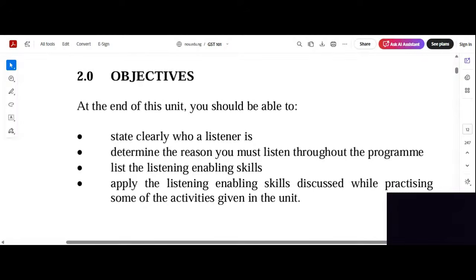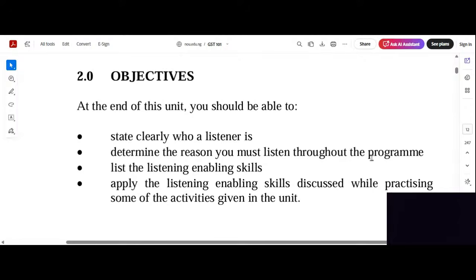So, the purpose of going through this unit tonight, one, is to state clearly who a listener is. Number two, to determine the reason you must listen throughout the program.